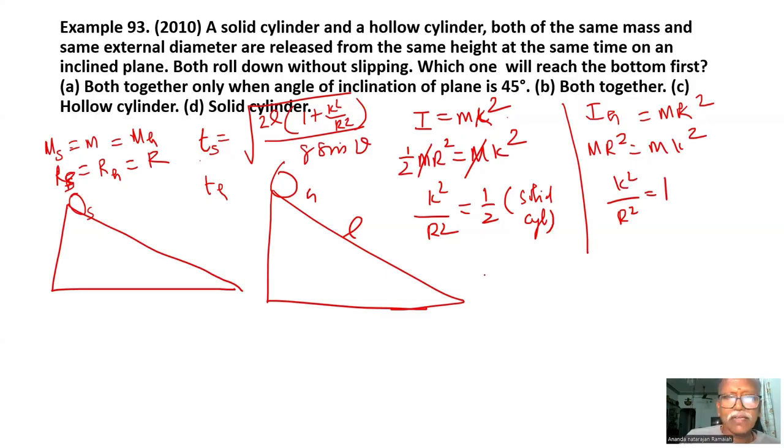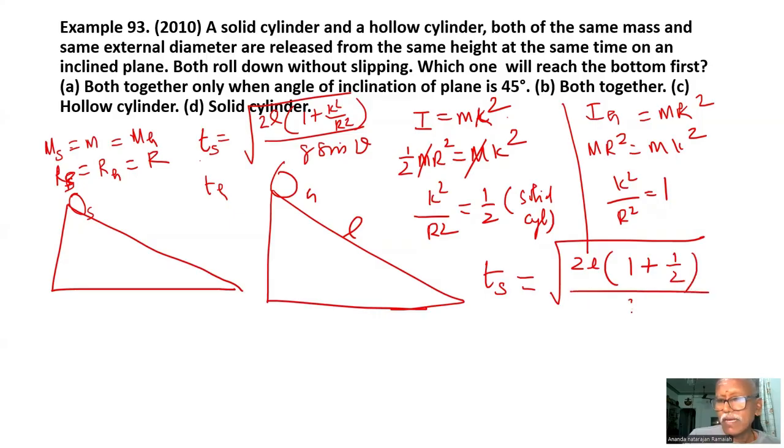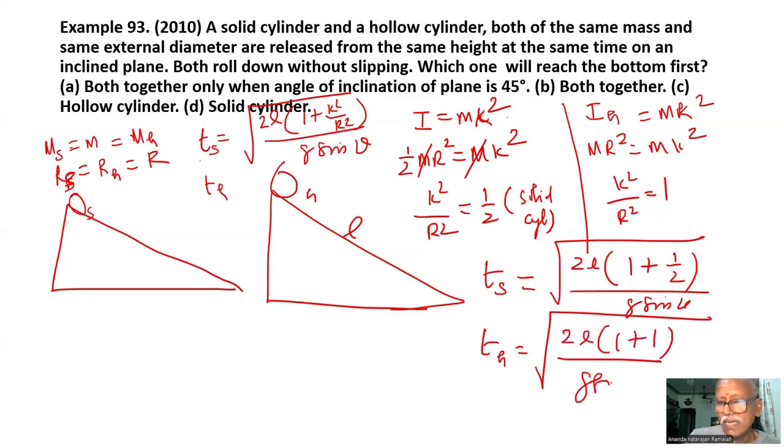Let us find which one will reach first. T solid equals square root of 2L, 1 plus K square by R square for solid, which is 1 by 2, divided by g sin theta. And T hollow equals square root of 2L, 1 plus 1, divided by g sin theta.